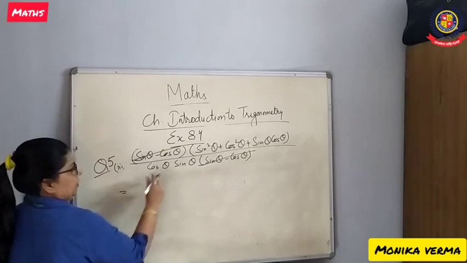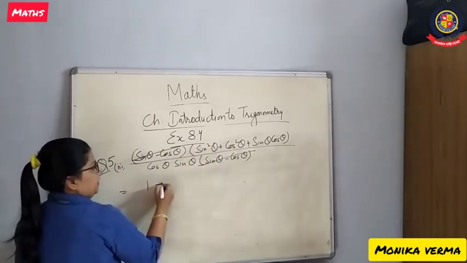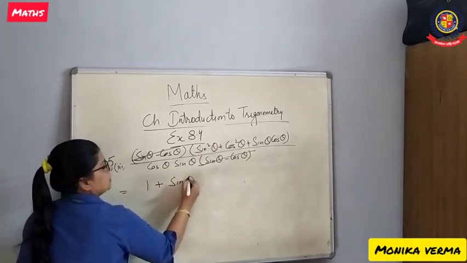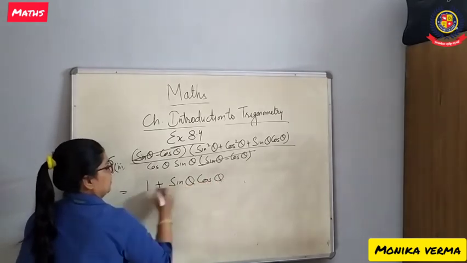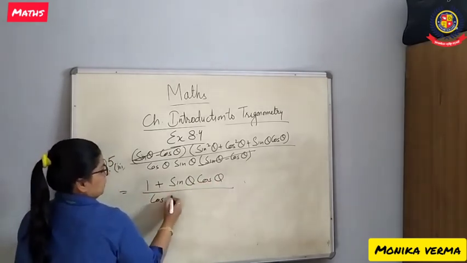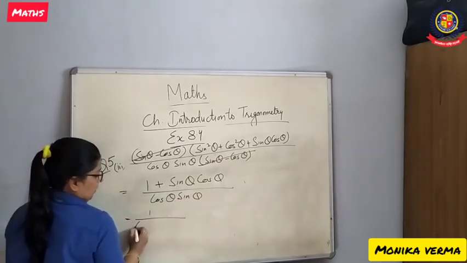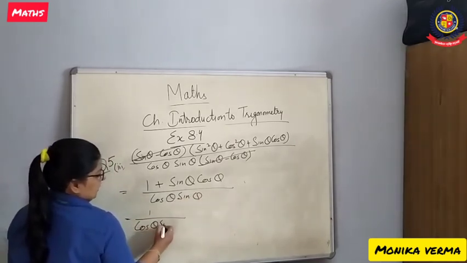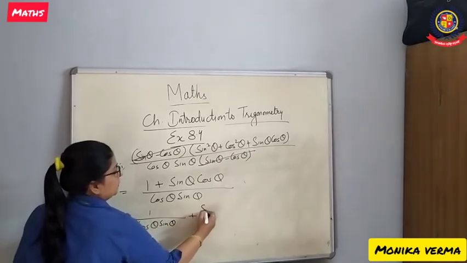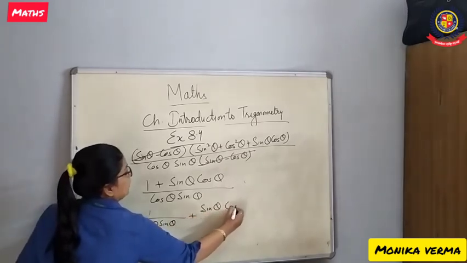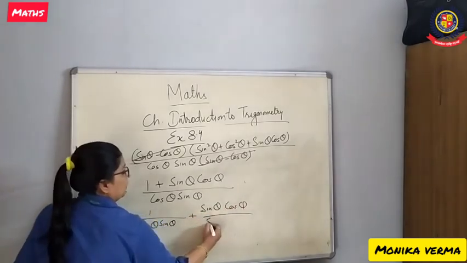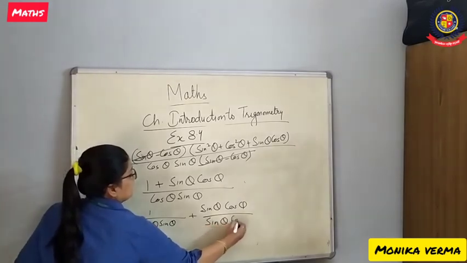What are we left with? Sin square plus cos square, that is 1, plus sin theta cos theta, upon sin theta cos theta. We can write it as 1 upon cos theta sin theta plus sin theta cos theta upon sin theta cos theta.